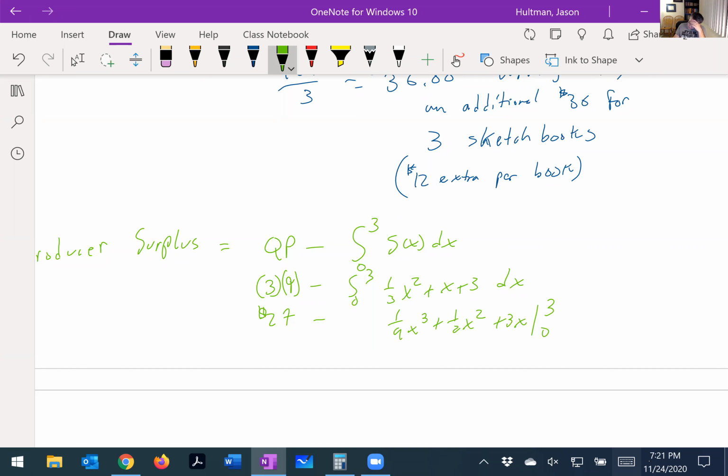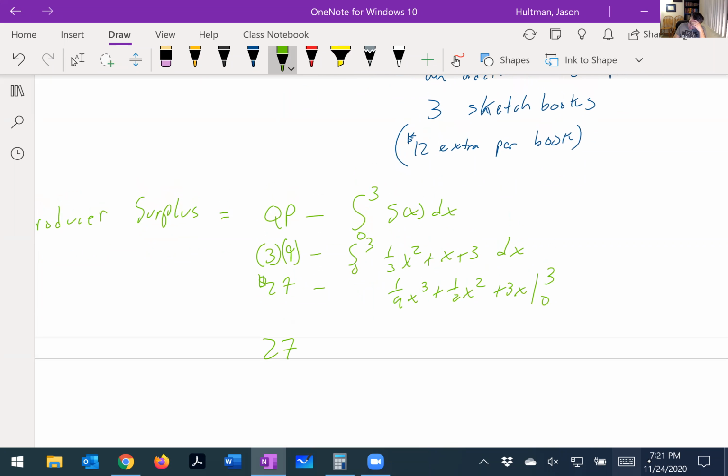Evaluate that at 3. So we get $27 minus, plug in the 3, 1/9 times 3 cubed, which is 27, plus 1/2 times 3 squared, which is 9, 1/2 of 9, plus 3 times 3, which is 9.